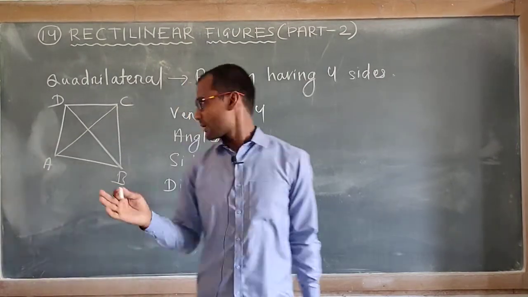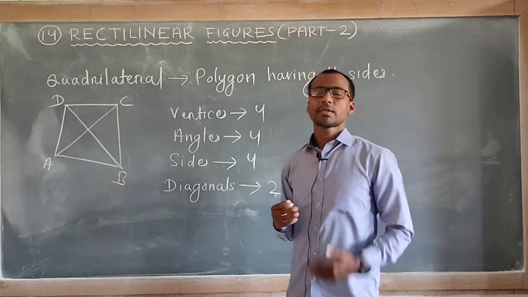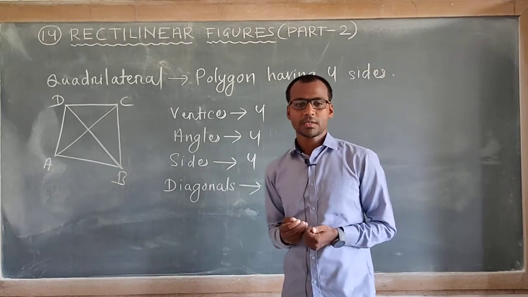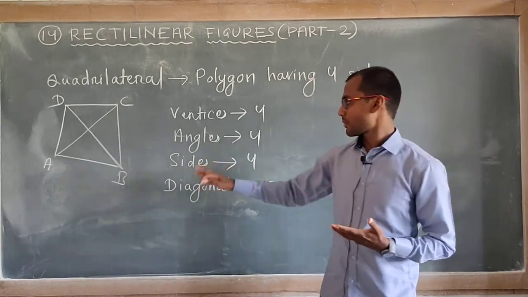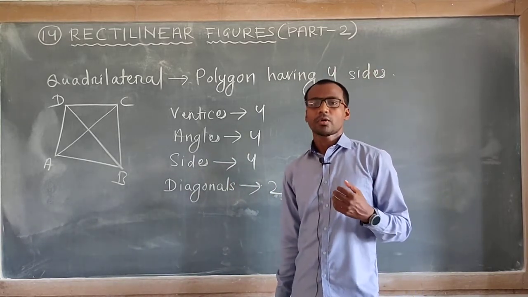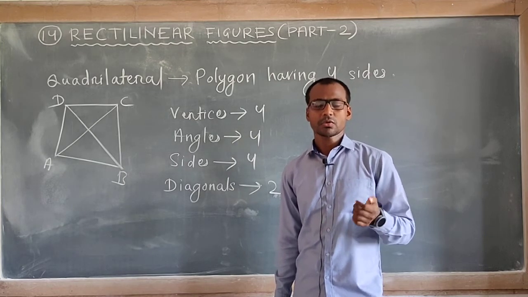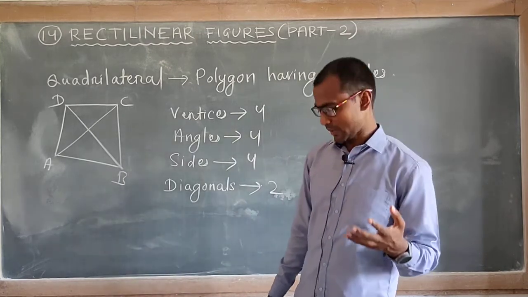Now this is a very simple polygon, only 4 sides. Moreover, you have been studying quadrilaterals from lower classes, so you already know that the number of diagonals is 2. But suppose a polygon has 10 sides. How to find the number of diagonals? Although it is not in your syllabus, just for information I am giving this.